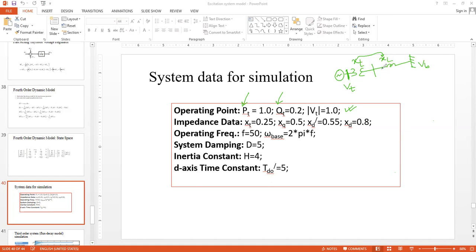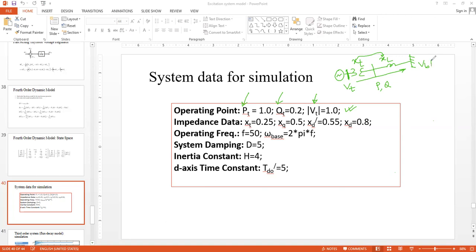So there are no R elements, no resistive elements present in the system. So operating point means basically that we are getting some idea about the power flow through the network, how much power is flowing, like the real power and the reactive power, and some information about the voltage magnitudes, and if needed, some angle values.